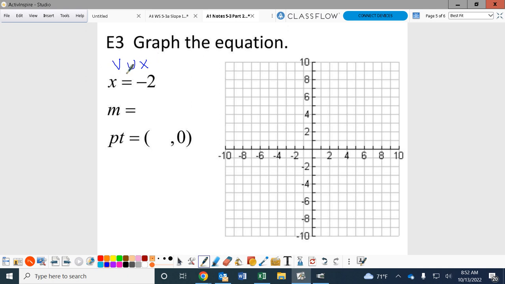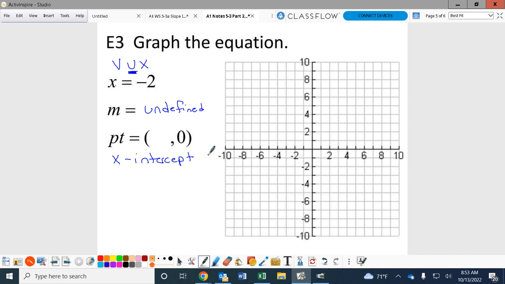Okay? In a Bucks line, it has a slope that is already given to us from this acronym. It is undefined. However, it does not have a y-intercept. It is actually going to have an x-intercept, because instead of crossing the y-axis, it's going to cross the x-axis.